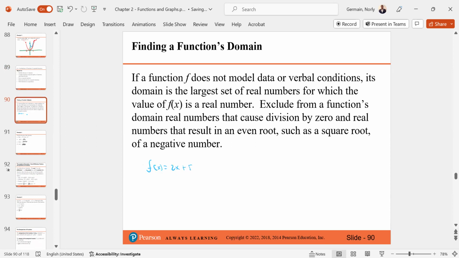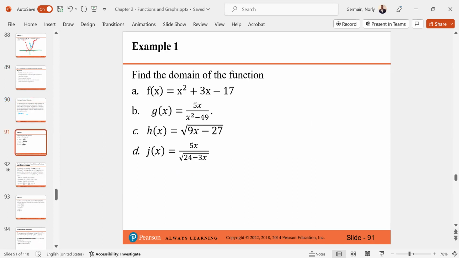We need to exclude those. If we have a function with a denominator, we need to exclude the number that would make the denominator equal to 0.